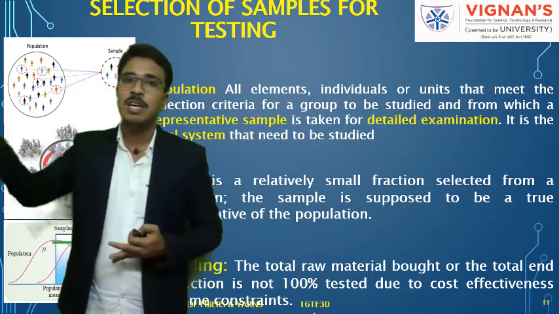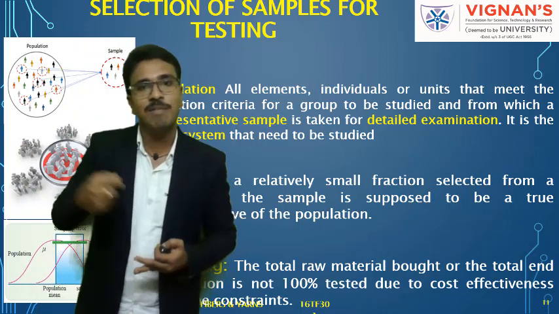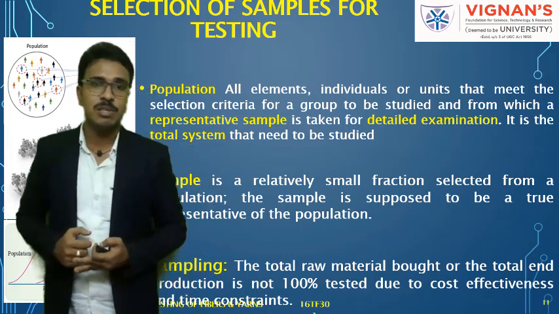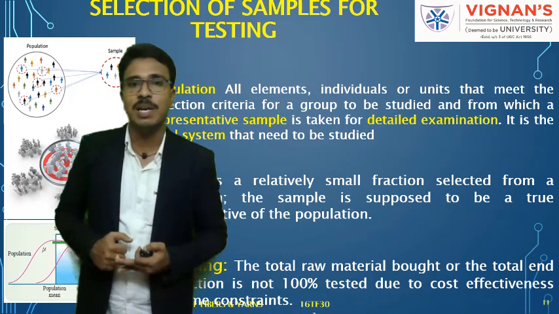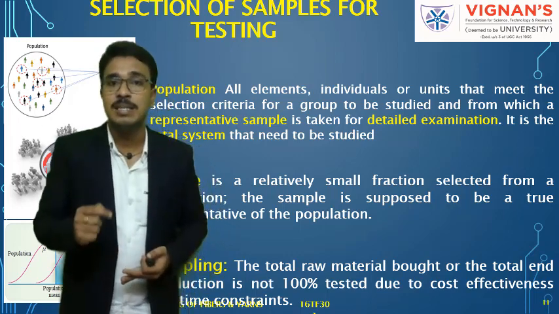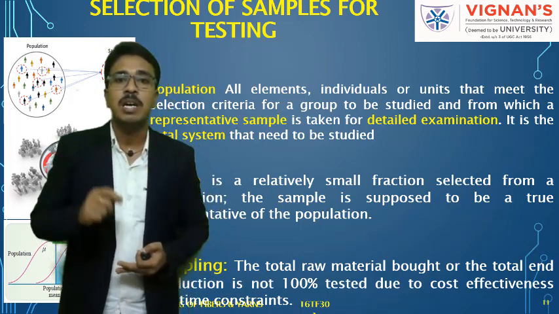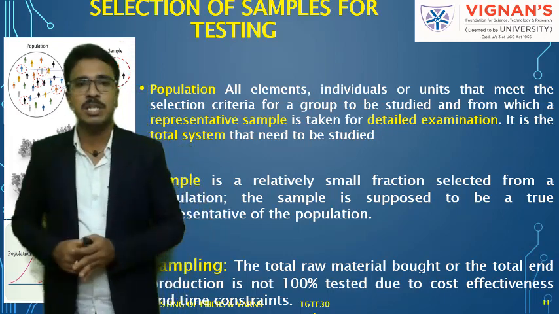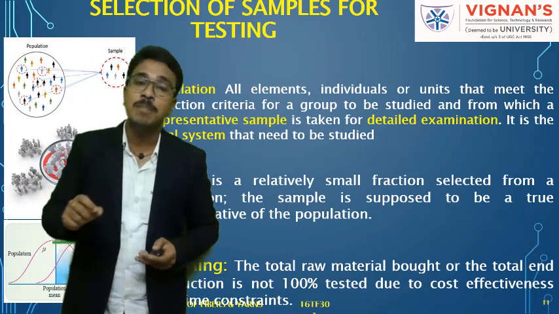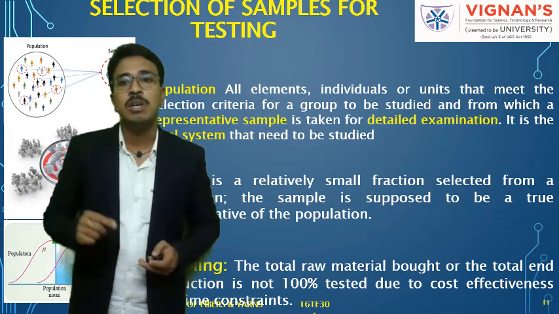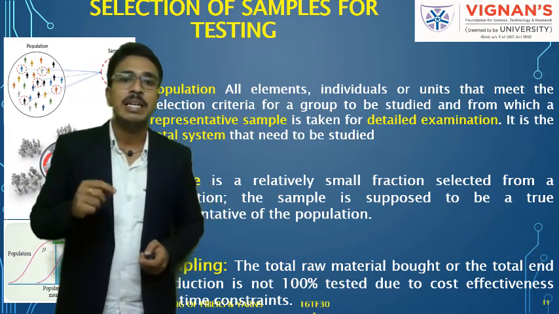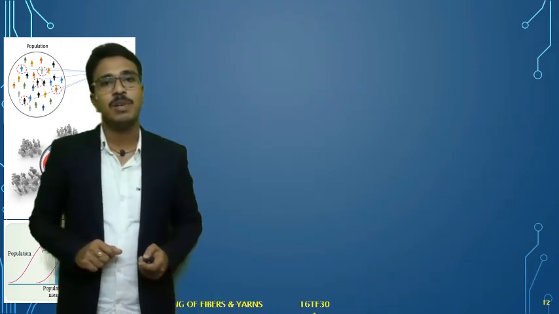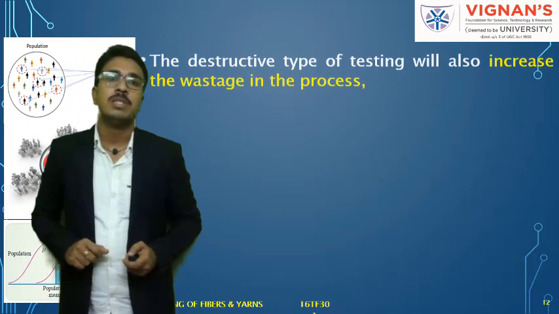Because if you try to check the quality of each and every garment, it is a time consuming process and a lot of cost is involved. That's why we are going for the sampling process. The total raw material brought or the total end production is not 100% tested due to cost effectiveness and time constraints.